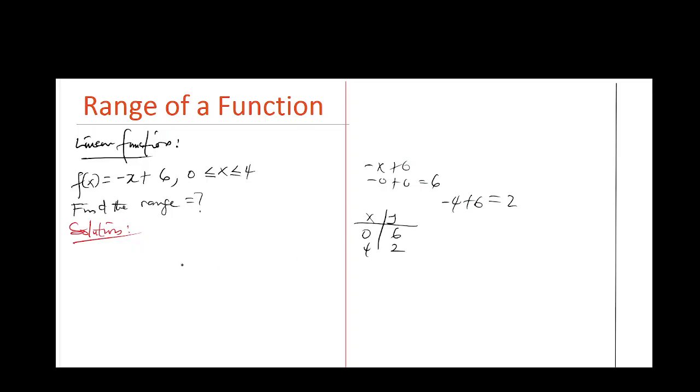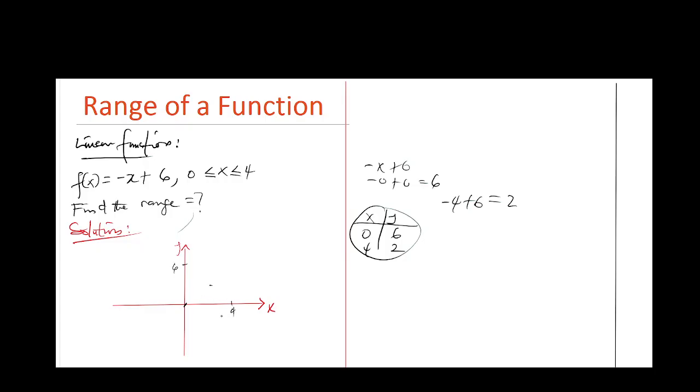Let's sketch the graph of these values. So when x is 0, y is 6. So let's take our 6 to be somewhere here, and our x, which is 0 from the origin, and x is 4.